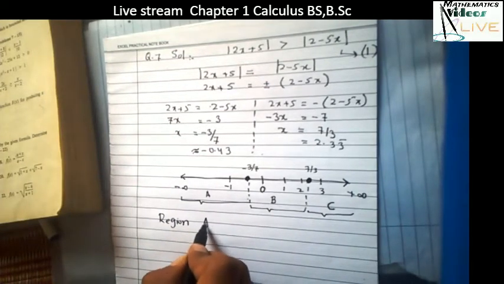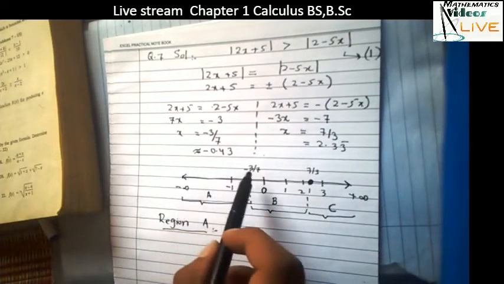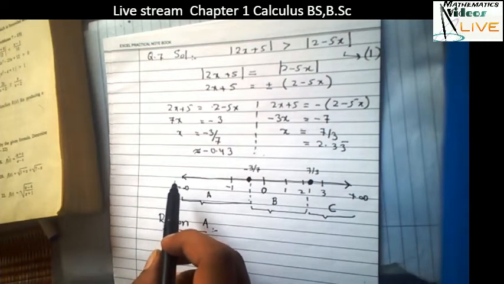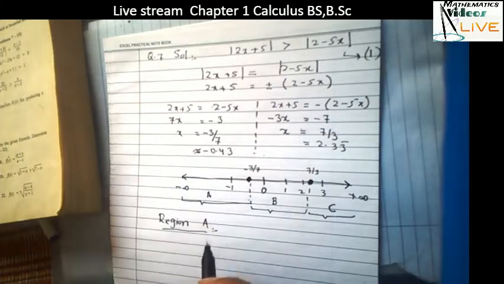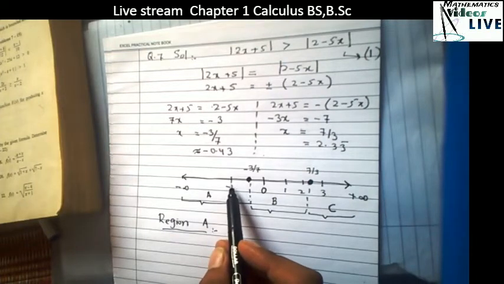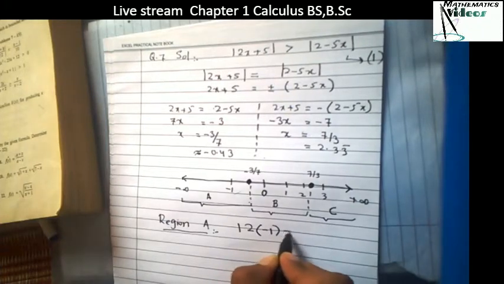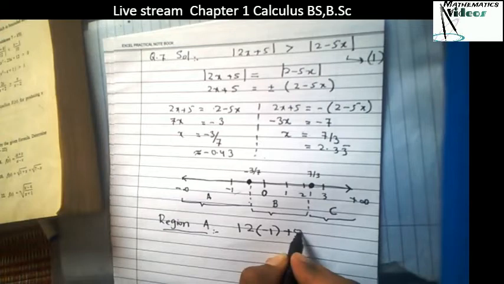Now we will take test points from these regions and we will put them in our inequality number 1. For region A, we will check if this region should come in the solution or not, and this can be accomplished by taking a test point in this region.